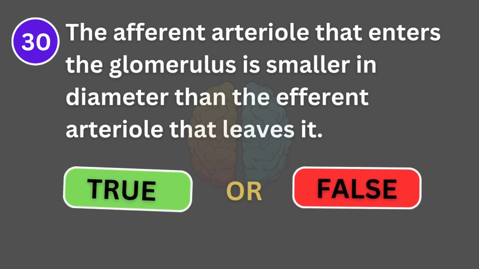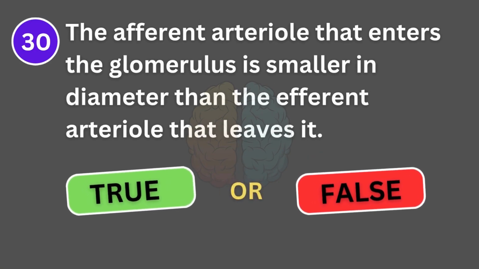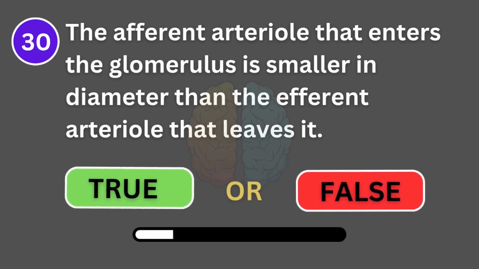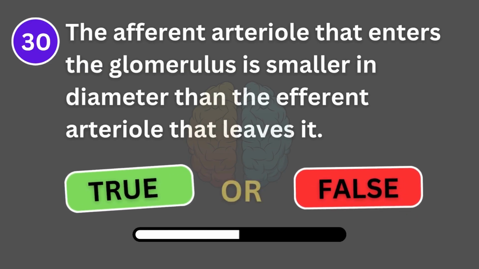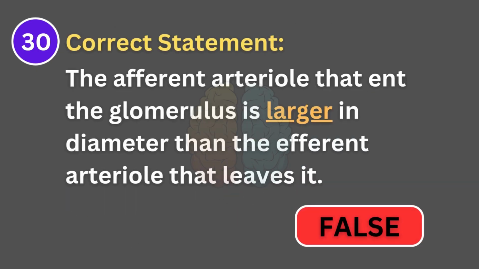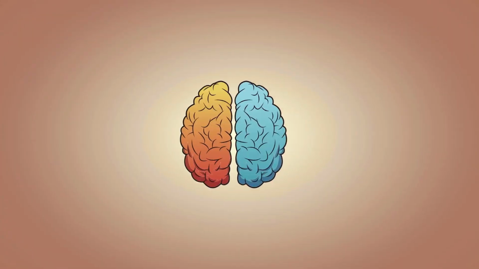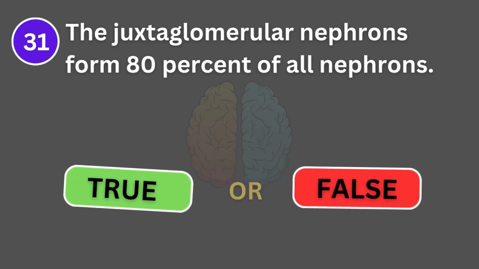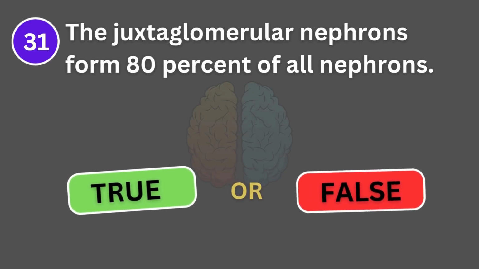The afferent arteriole that enters the glomerulus is smaller in diameter than the efferent arteriole that leaves it. The juxtaglomerular nephrons form 80% of all nephrons.